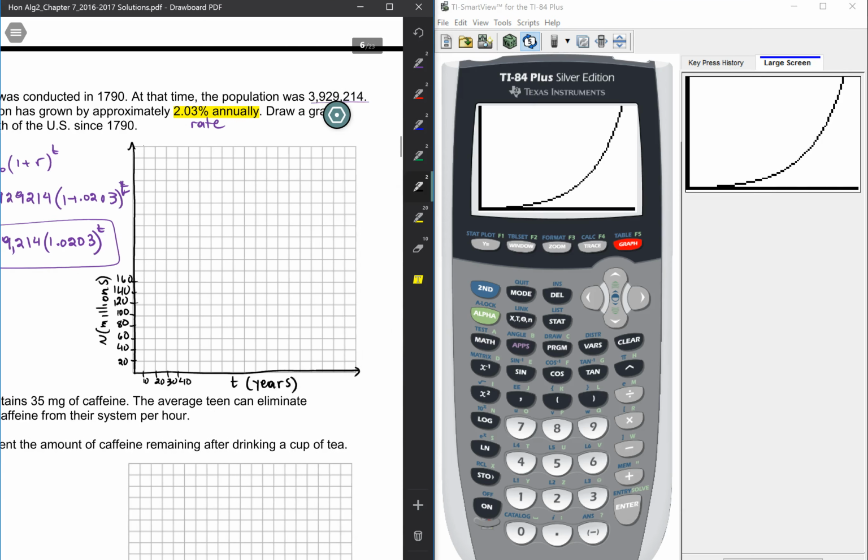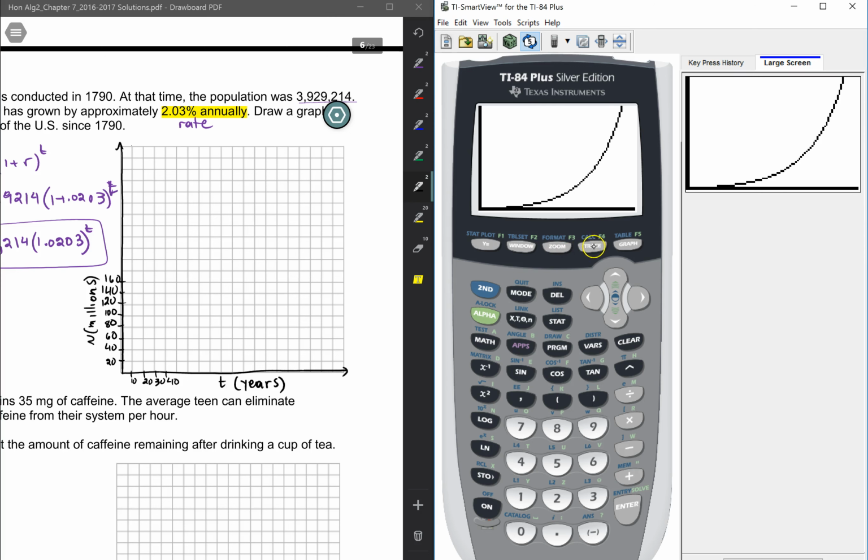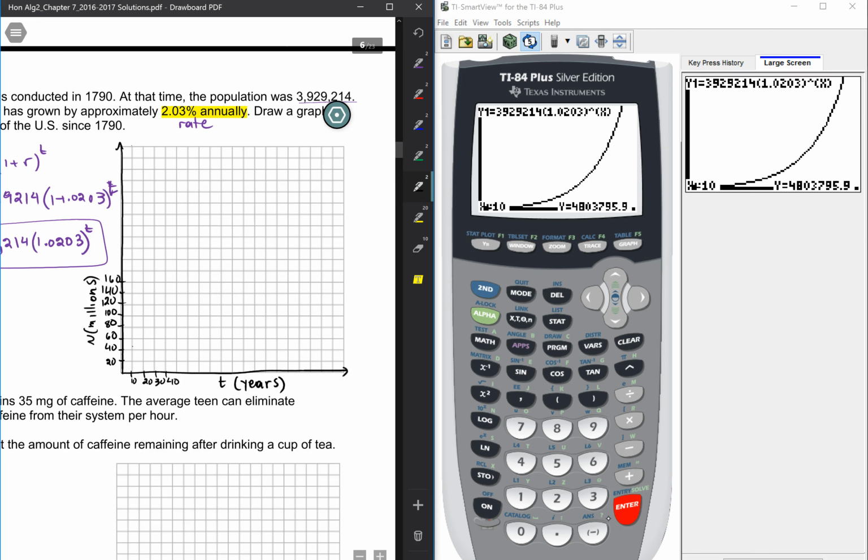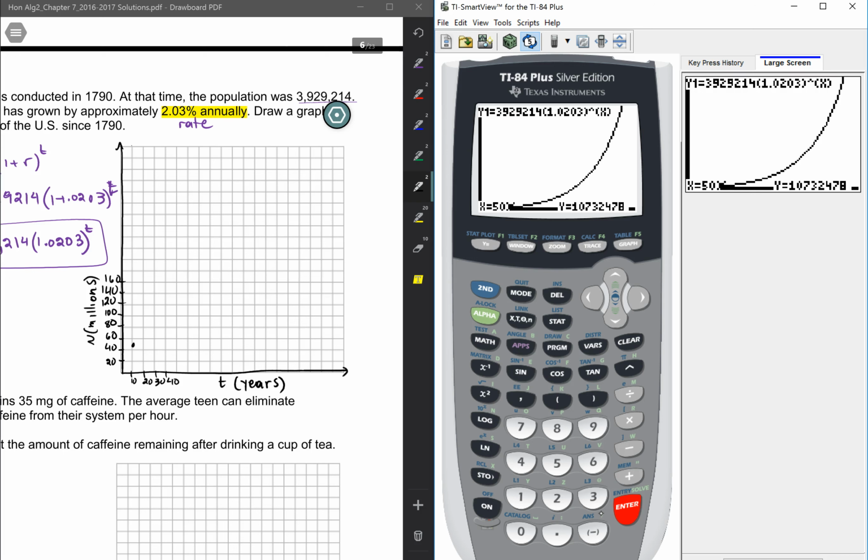Now, look at how we do this. Everybody look. Press trace. Now, I want to know when the x value is 10, what's my y value? So type in 10, and it's 48 million, right? So I put a point at 48 million. I'm eyeballing here. At 50, how much is it? 107 million.